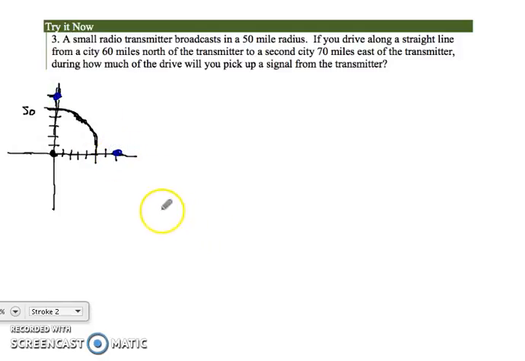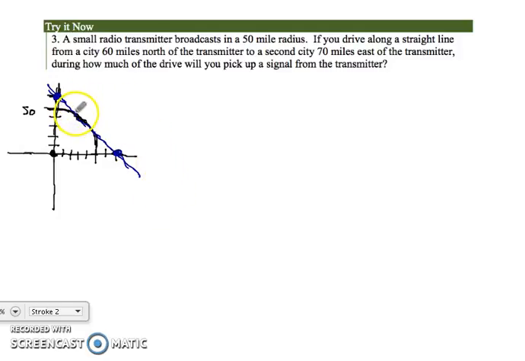Now the question is, if I drew a line here, the question says, if you're driving in a line here, I'll try to draw a line. Okay. So you're driving from this point all the way over to this point, okay? It says, during how much of the drive will you pick up a signal?